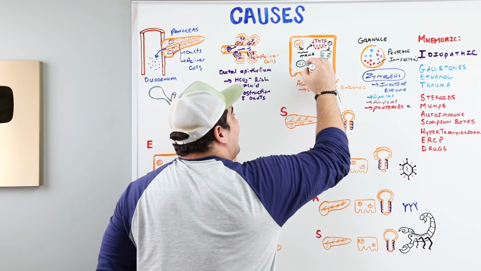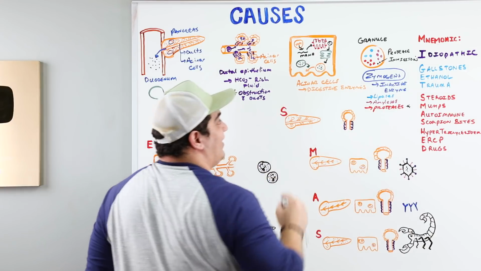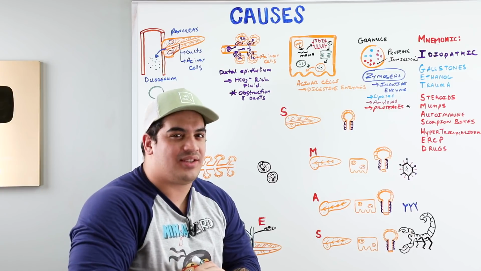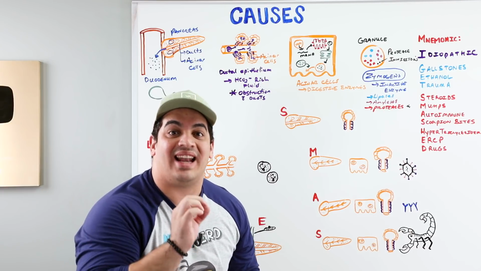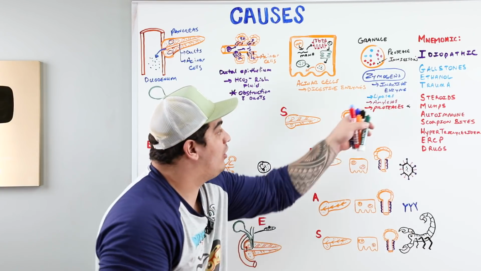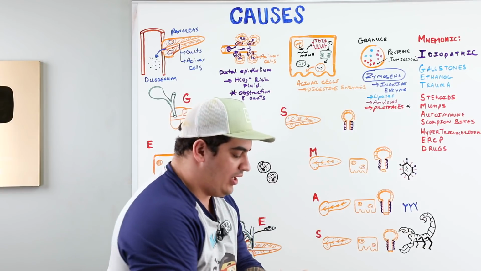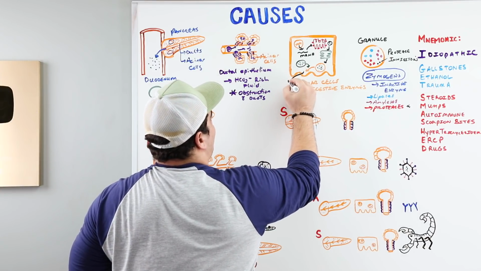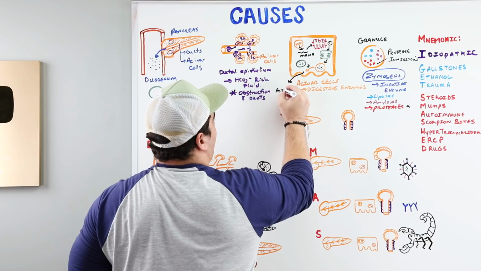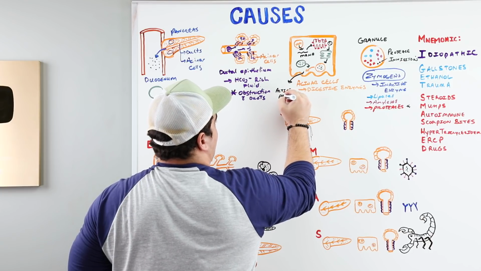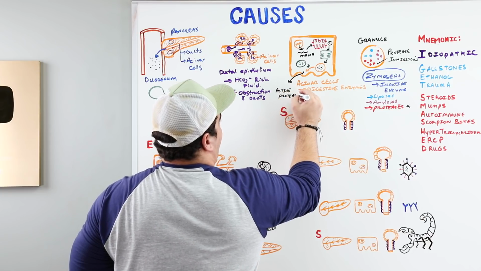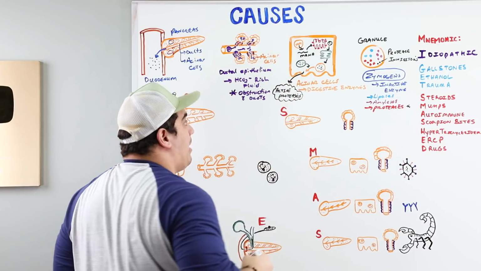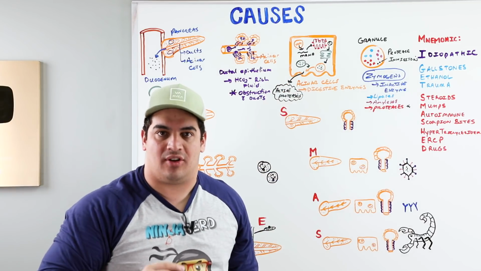Then the lysosomes will start fusing with these granules containing the zymogens. You know what lysosomes can do? Lysosomes can activate specific types of proteases. And you know what that leads to? Oh no. Now active proteases are released, and these active proteases will start causing destructive damage to the pancreas, autodigestion of the pancreas.